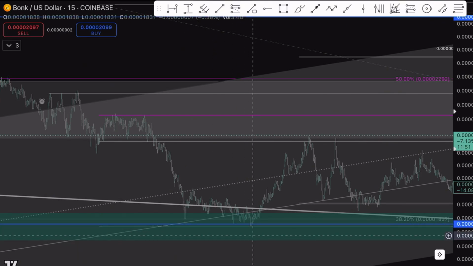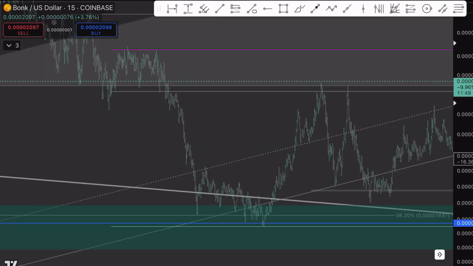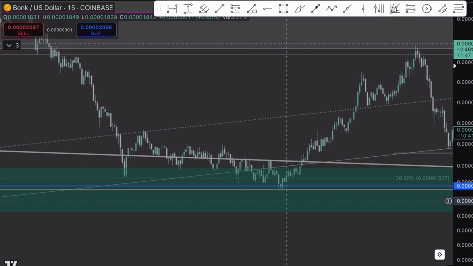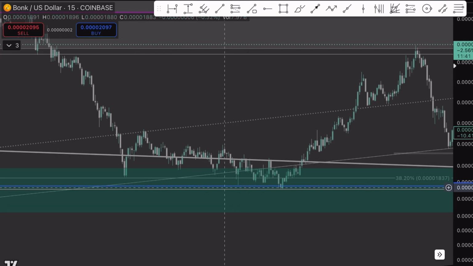But I think where I got a little concerned was when it did make that bounce, it made a little bit of a lower low, but really what it was doing is liquidating these stops below here. And then it made its way out of there, right?